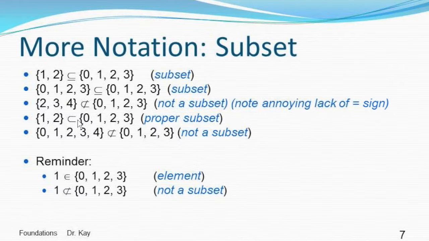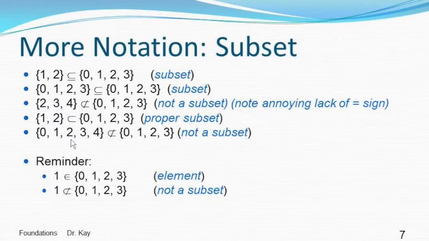So if we have this subset notation without that little equals sign bar on the bottom, it means it's a proper subset. So for example, {0, 1, 2, 3} is not a proper subset of {0, 1, 2, 3}, but it is indeed the case that {1, 2}, the set containing the elements 1 and 2 only, is a proper subset of the set {0, 1, 2, 3}.